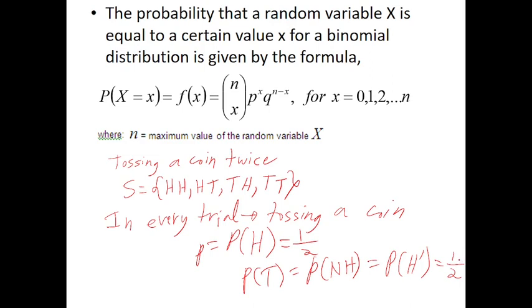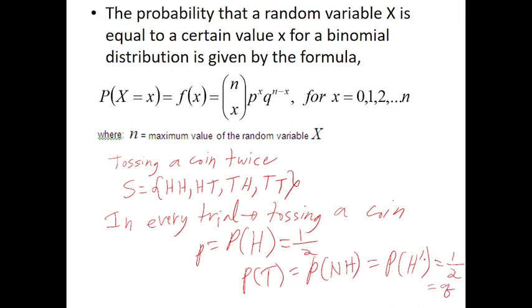So, dalawang outcome lang naman yan, diba? In every trial, head or tail lang yan. So in every trial, head or tail. So that means yung tail, not head, not getting a head. So therefore, 1/2 and 1/2 lang yan. So this is now denoted by q.